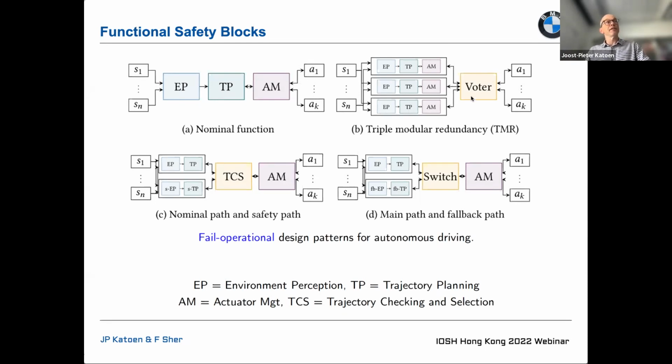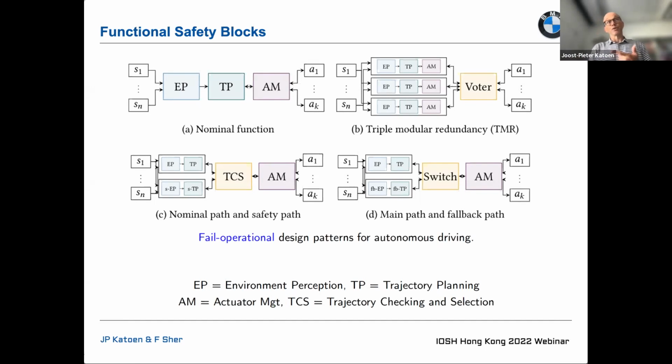But their most sophisticated one is over here, in picture D, where you have an EP and a TP, and then you have a switch, and only then you have the AM, and then the EP and TP can also have a fallback version of it, and these are indicated over there. So that's not as expensive as a triple modular redundancy, but hopefully, using this fallback part, it can still safely guide your vehicle.